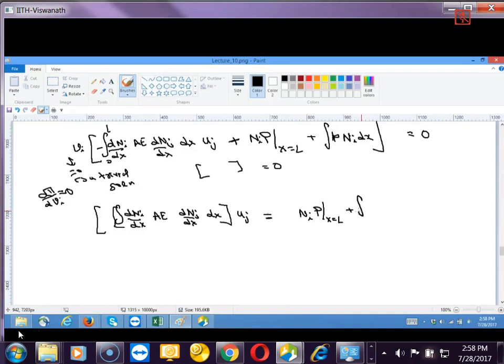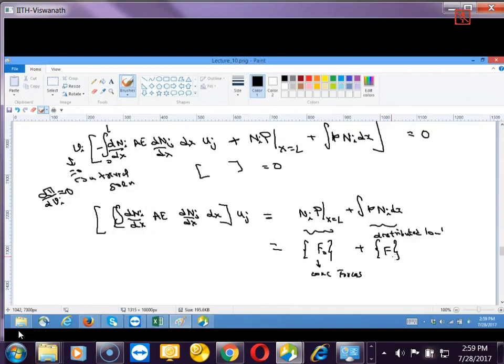So this is nothing but F naught, concentrated forces or point loads, and this is nothing but distributed loads. After the integral I can write it in this manner.